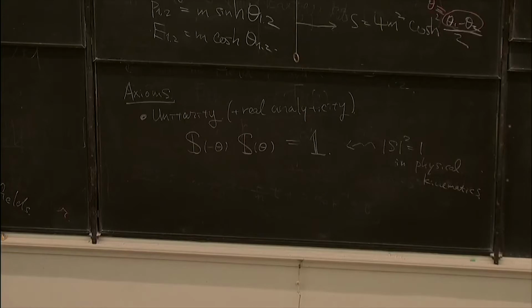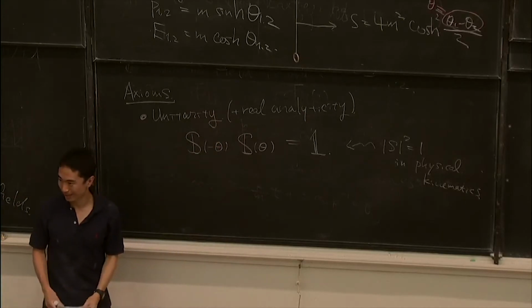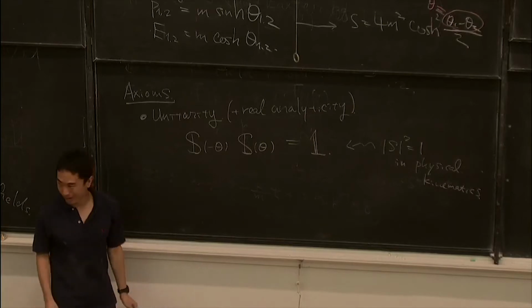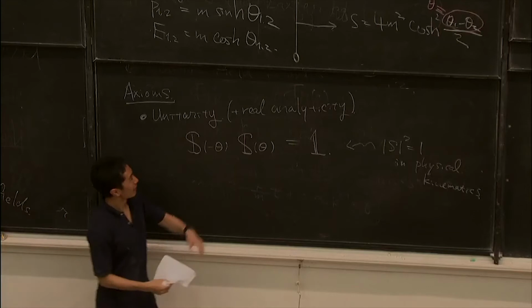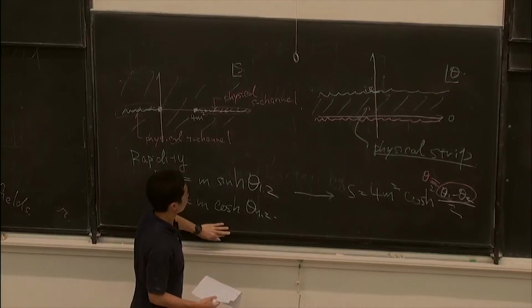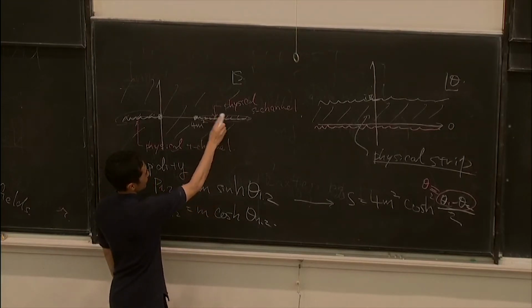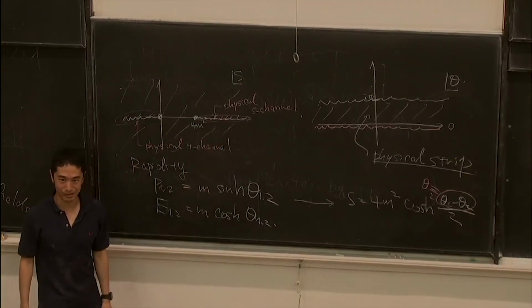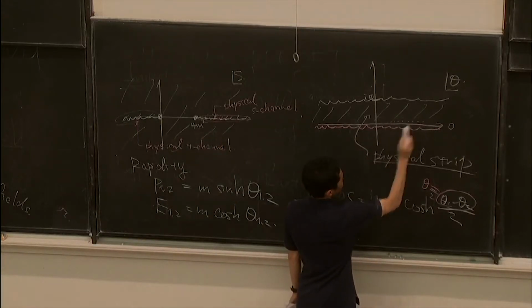Maybe I should explain why I impose this condition, because the original unitarity is only defined in the physical kinematics. Originally, you are only allowed to impose the unitarity condition here, because this point corresponds to the physical scattering.